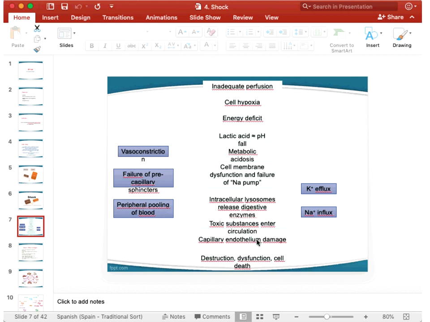That means it's going to lose the ability to contain the volume in the intravascular space, and it's going to lose it into the interstitial space, and eventually this will cause dysfunction, cell death, and eventually death itself. So we have to recognize the early stages of shock.